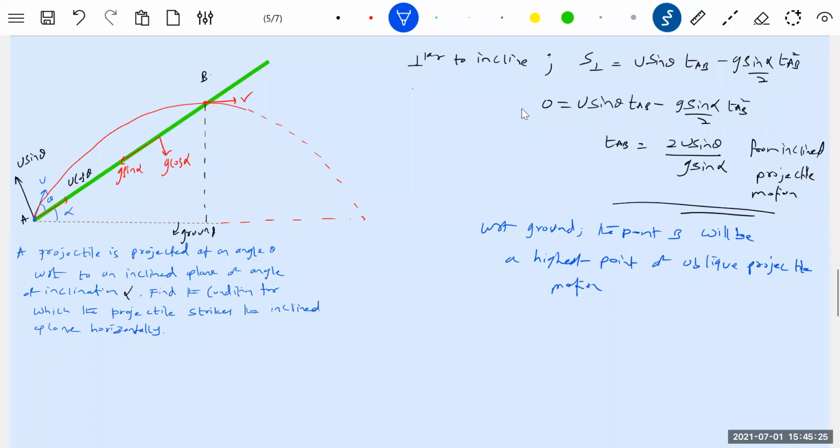I think there's an idea here now. G cos alpha. Yeah, I'll make a correction. With respect to ground, the point B will be at the highest point of oblique projectile motion.